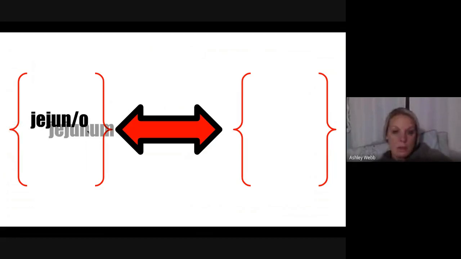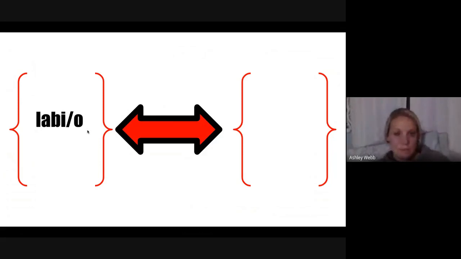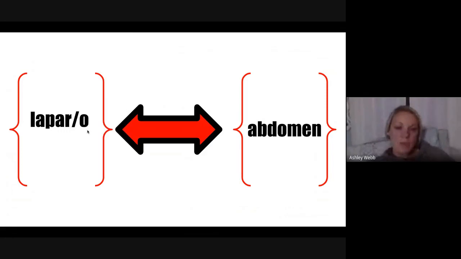Jejunum. Some of these are pretty easy once you know the vocab terms. Okay, this one just means lip. Okay, lapro, we should think of laparoscopy. Okay, which is just a scope of the abdomen.